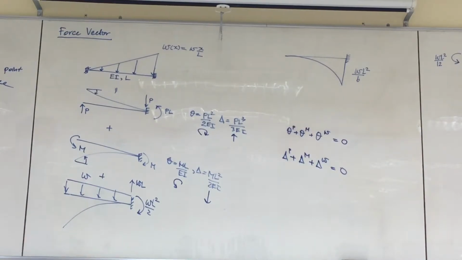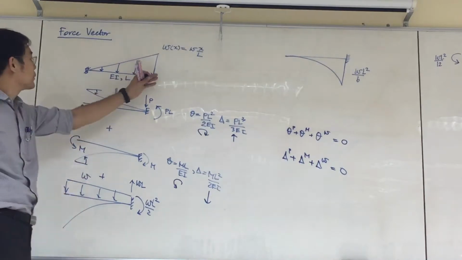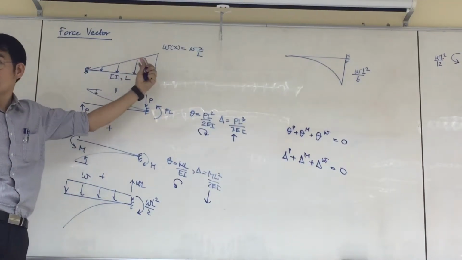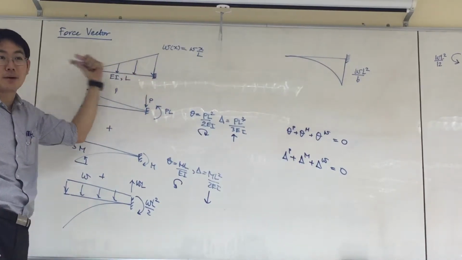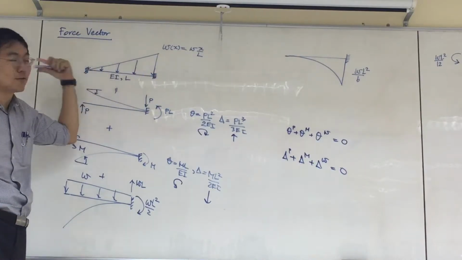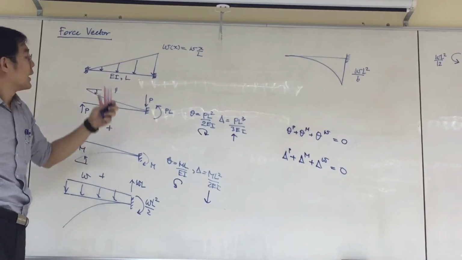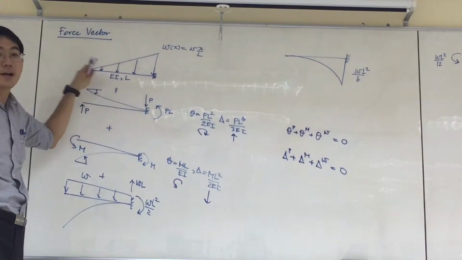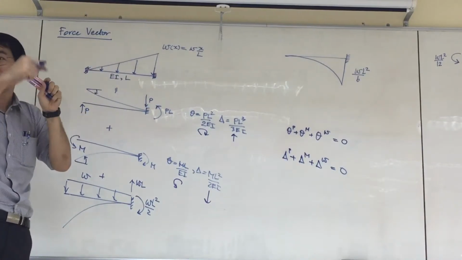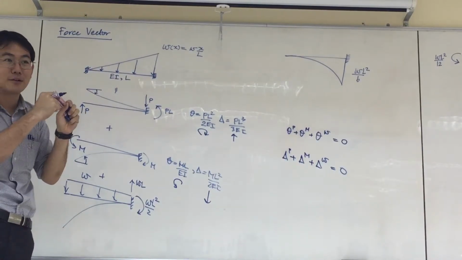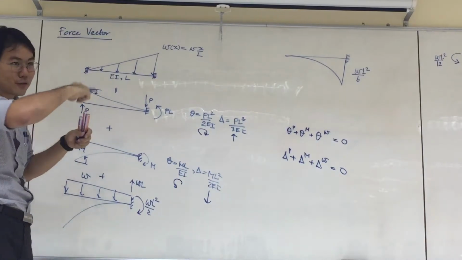If you want to draw it, really, you can set up the x-axis pointing somewhere, to the left or to the right, depends, and then you just take a cut. Once you have a cut, you have the triangle, and then you have the point force and moments.